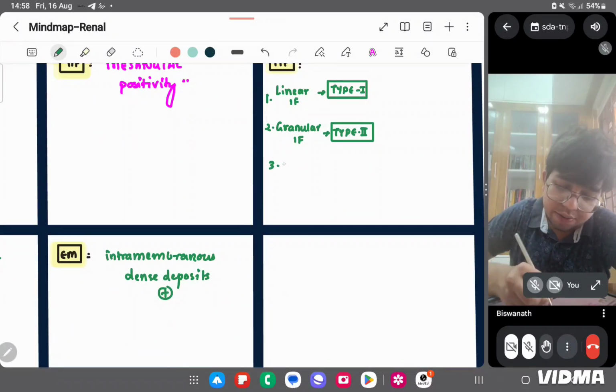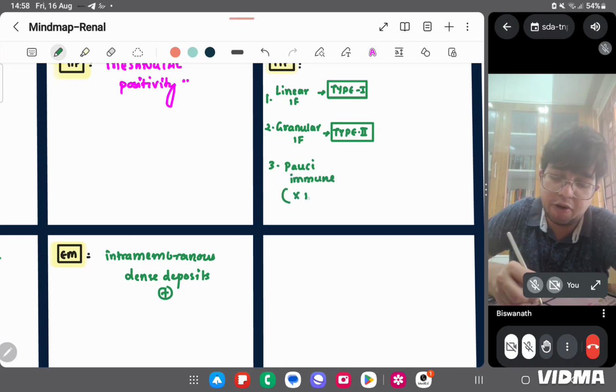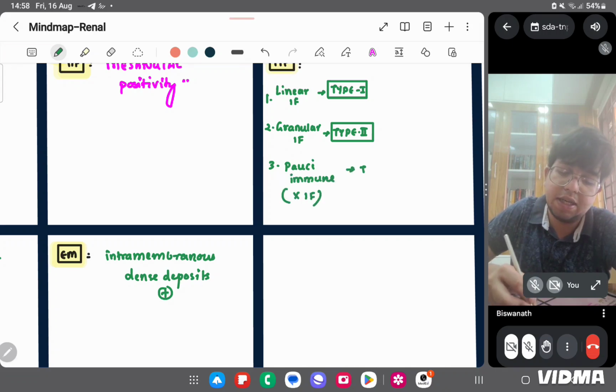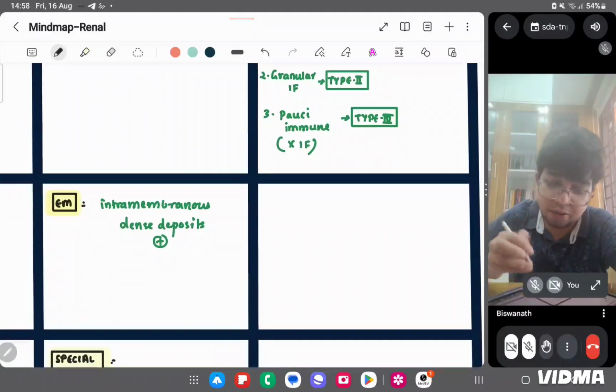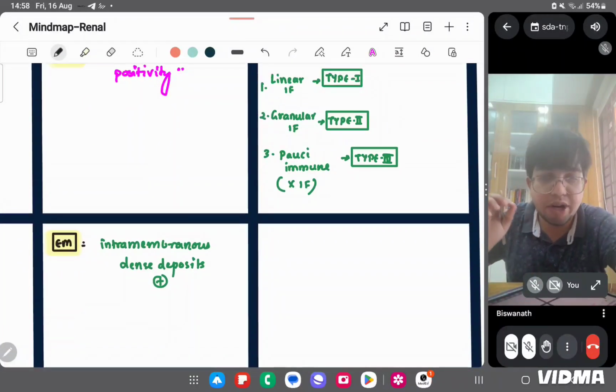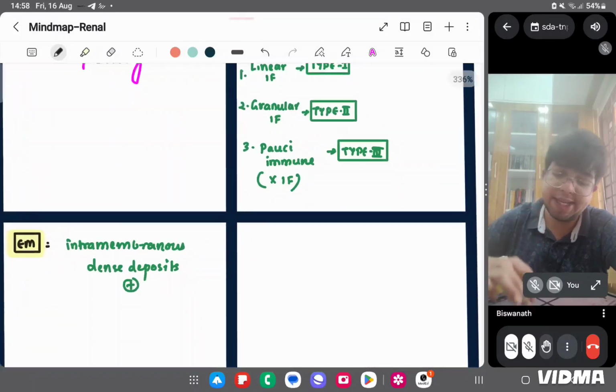And the third one is pauci-immune. Pauci-immune means no immunofluorescence. It is called type 3. The examples are Wegener's granulomatosis and microscopic polyangiitis.